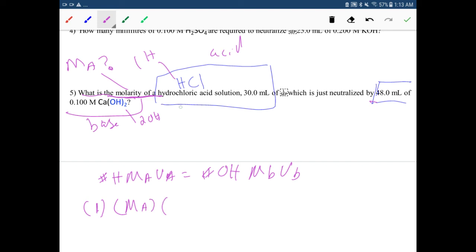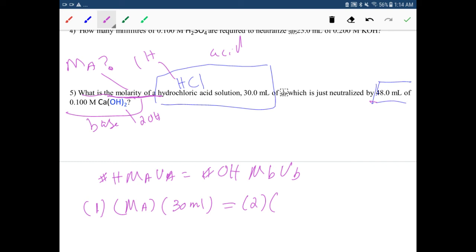So it's MA times VA. The volume of the acid is 30 ml, equals the number of OH's. In CaOH2 there are 2 OH's per CaOH2, so it's 2 times MB, the concentration of the base, from the information we circled in the question.